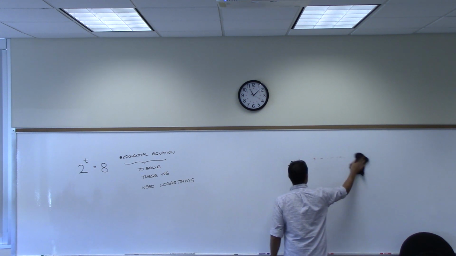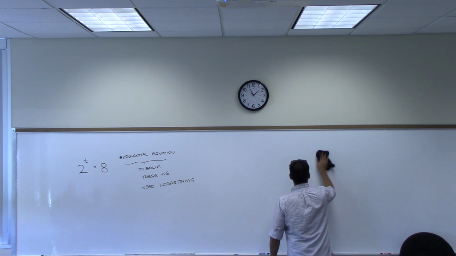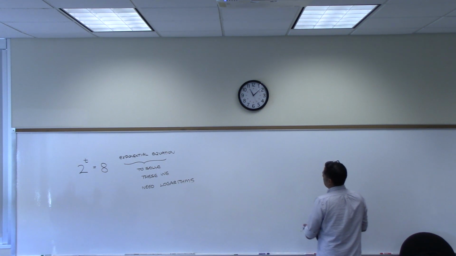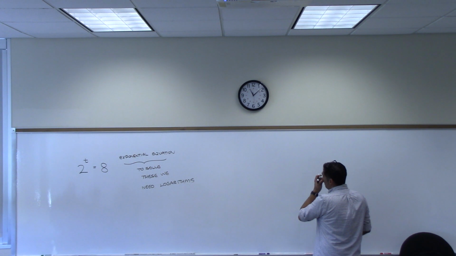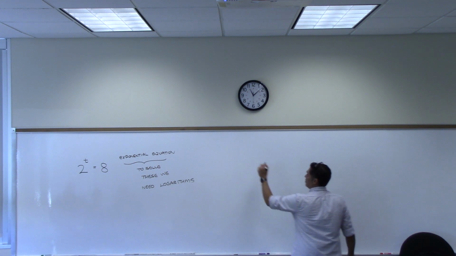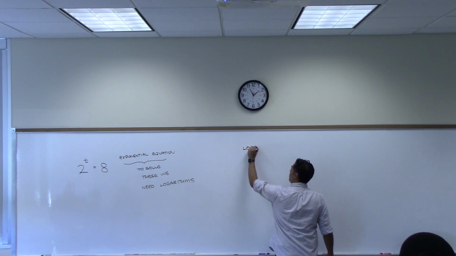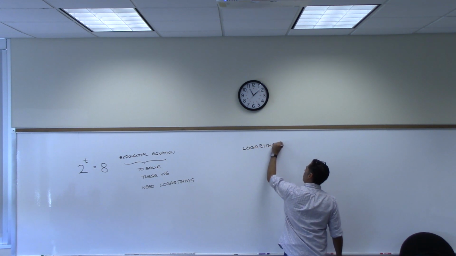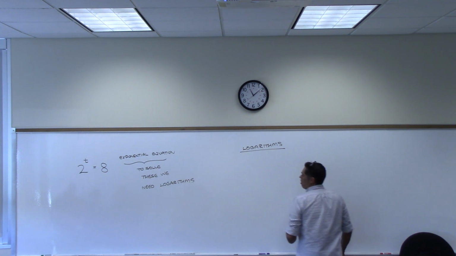Yeah, you have to understand the notation. This is the thing that confuses students: notation. So look. If I write this down, I'm going to go ahead and put this logarithm. Let's talk about logarithms. What are they?